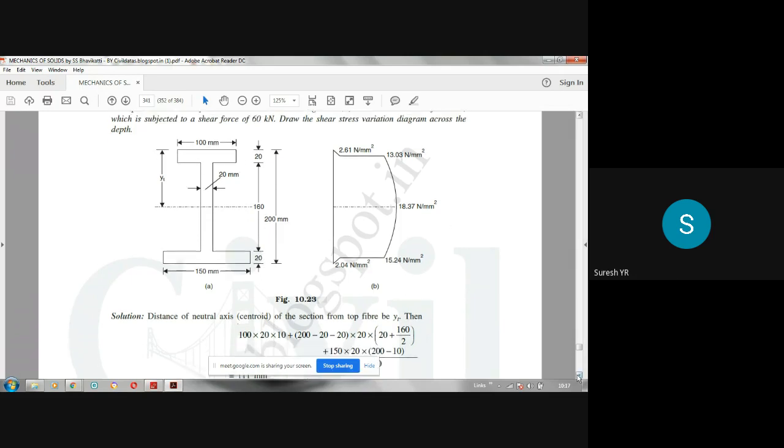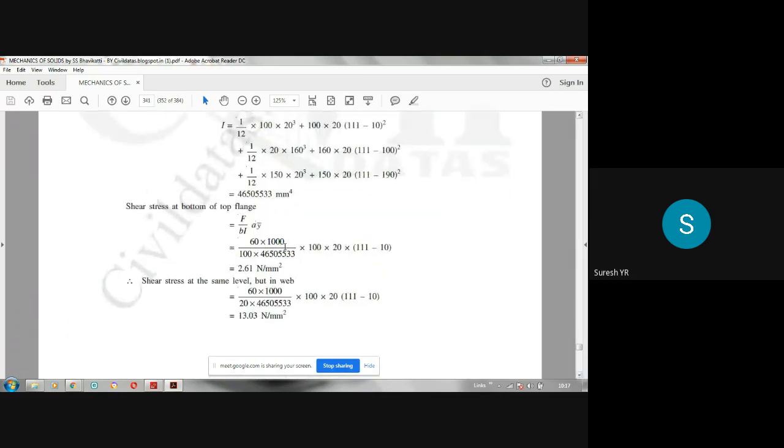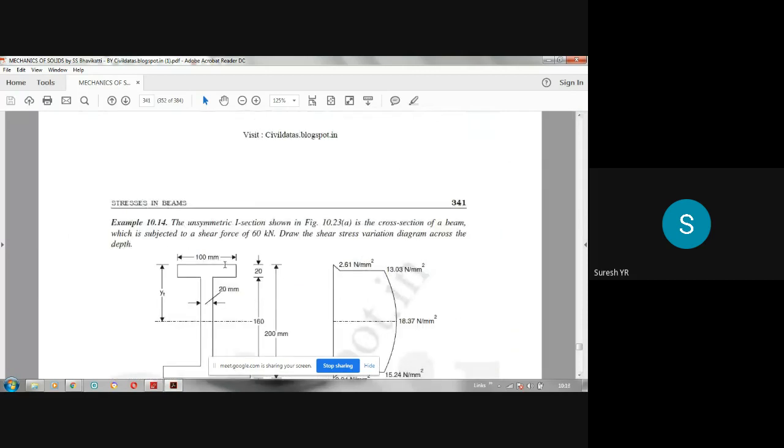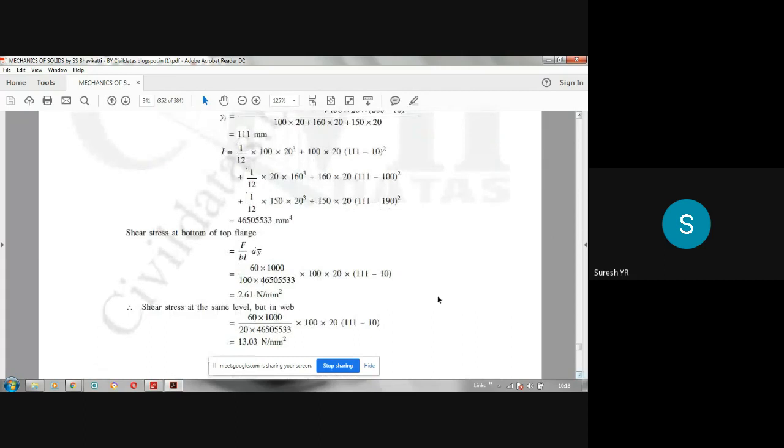You can see here, the shear stress at the bottom of the top flange formula is this. F is 60 kilonewton, so 60 into 10 cube, divided by B, which is 100 because the width of the flange is 100. Then the I value we have calculated using the parallel axis theorem. Into A, that is the area of the flange above that layer, 100 into 20, into the distance of CG.